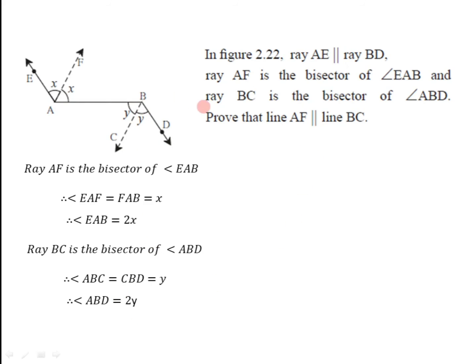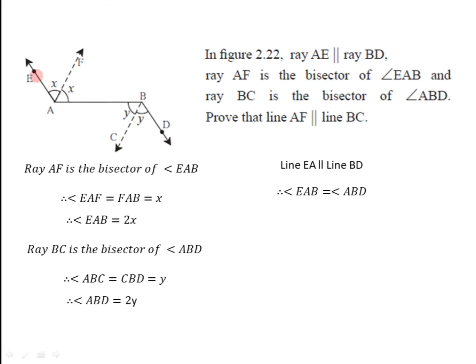Now it is given that ray AE is parallel to ray BD. If we consider these two lines and AB as their transversal, then there are two angles, angle EAB and angle ABD. So these are the two angles which are alternate angles, and we know that if two lines are parallel, then the alternate angles so formed are congruent.